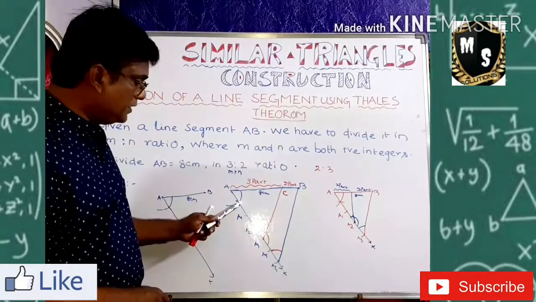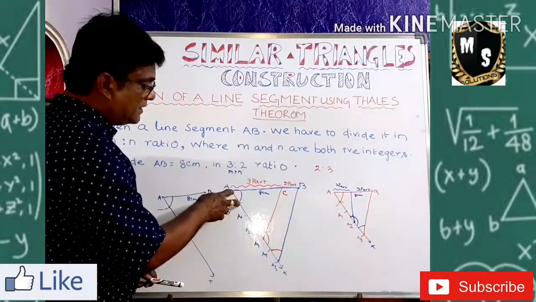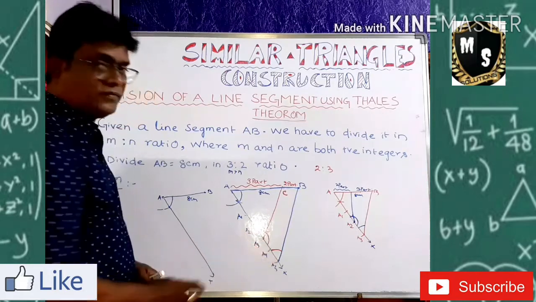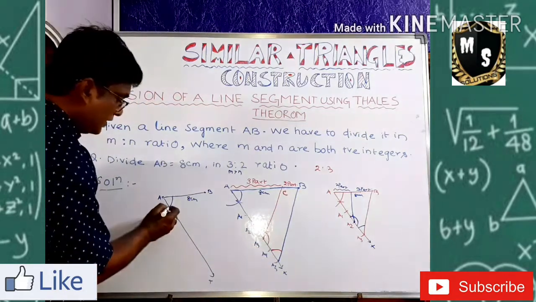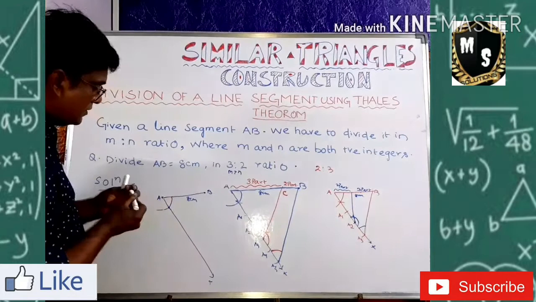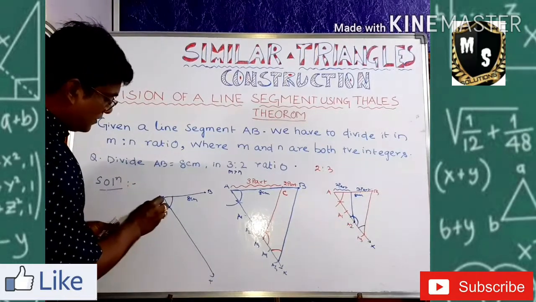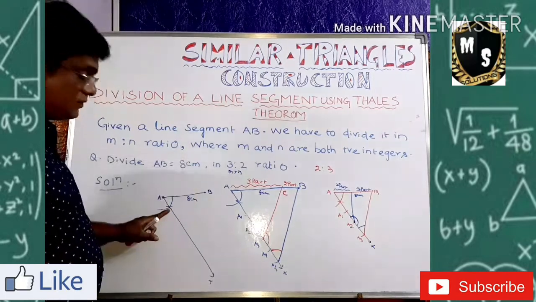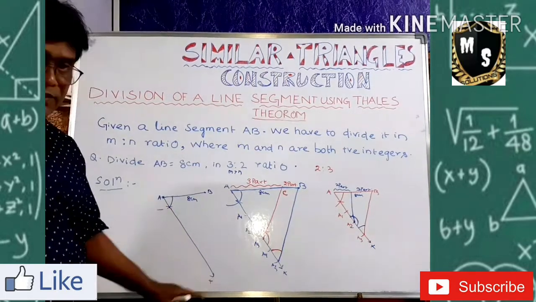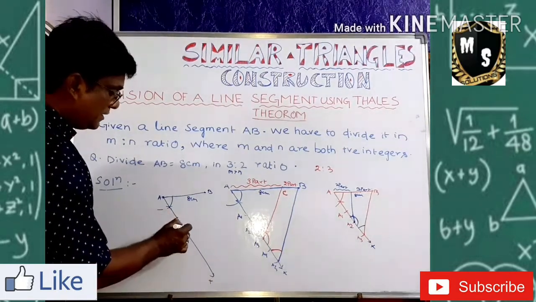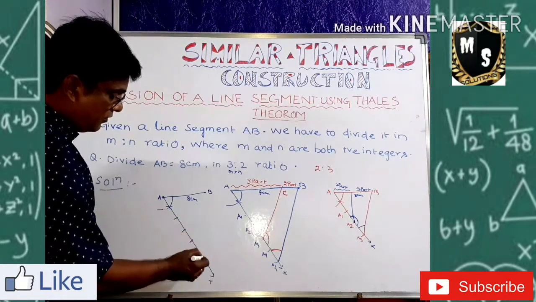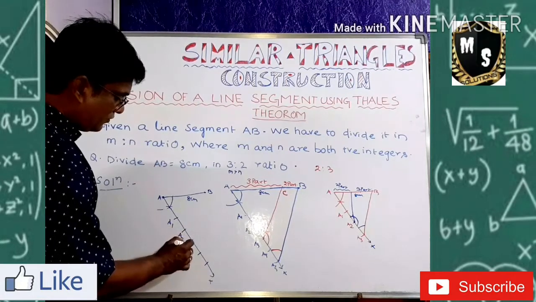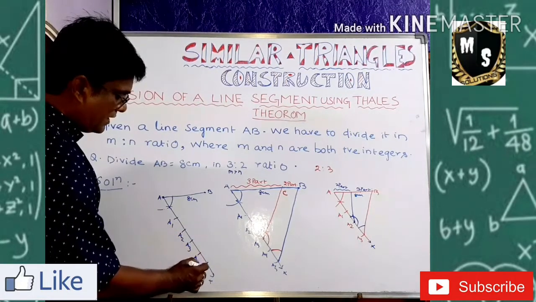From here, I go 1, 2, 3, 4, and 5, not from the other point. Don't touch this one. From here you start division. That is A1, A2, A3, A4, A5. Understood now?